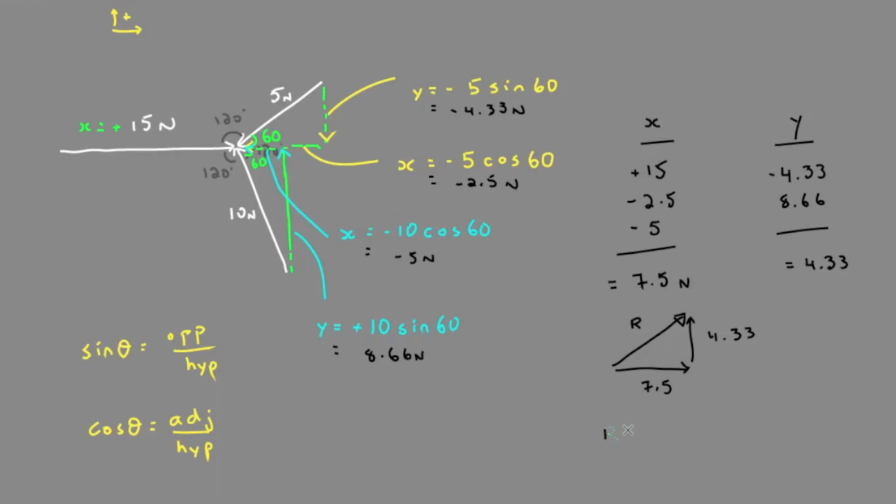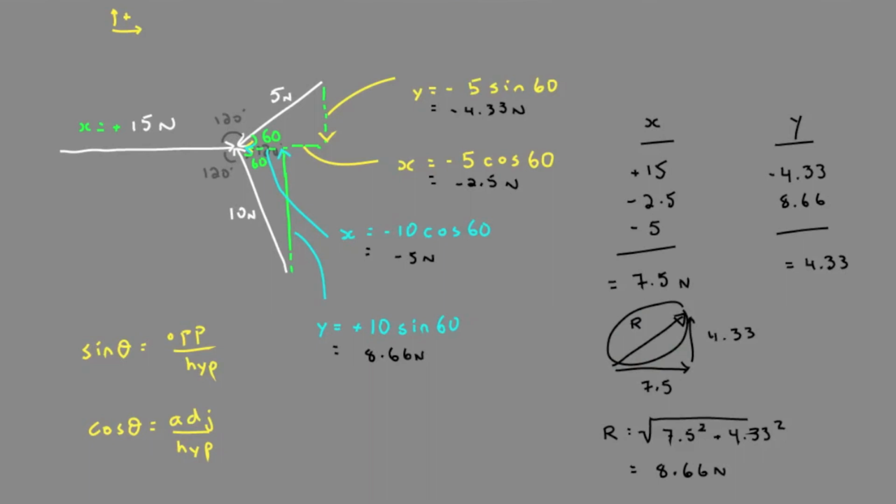So R equals the square root of the squares of the two side lengths, 7.5 squared plus 4.33 squared. And when we do that, we should get 8.66 newtons. So we've calculated this as 8.66 newtons.